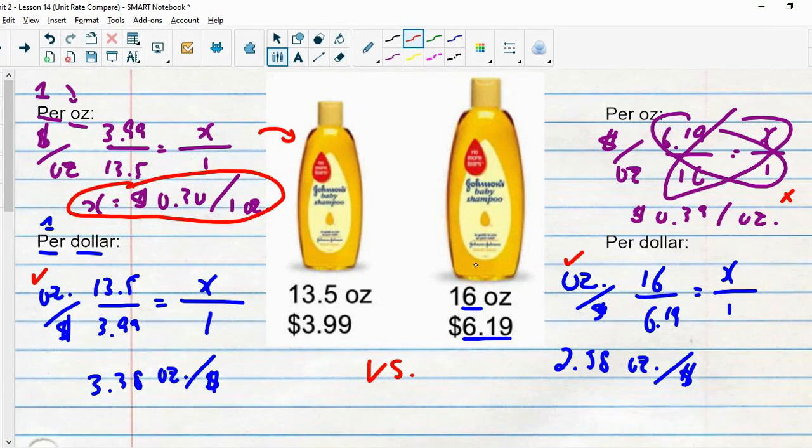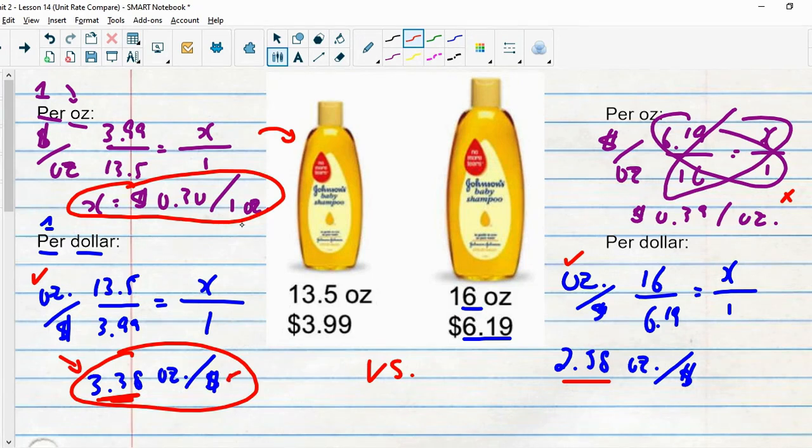Left or right? Yeah, the left side, right? Why? Yeah, because you're getting more shampoo versus this one. This one gives you less shampoo. This one gives you more shampoo, and you really need that extra shampoo, right? Because you haven't washed your hair in a month. So you need as much shampoo as you can get for the only dollar that you have.